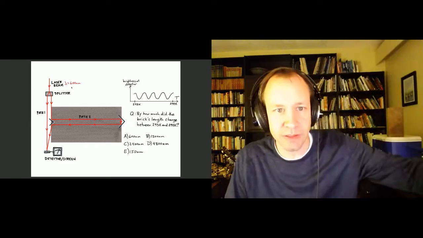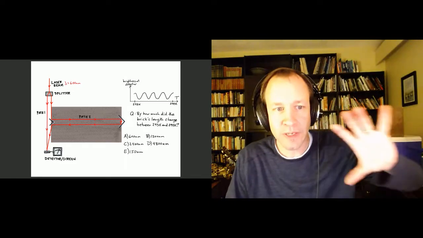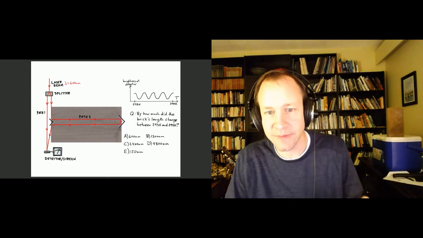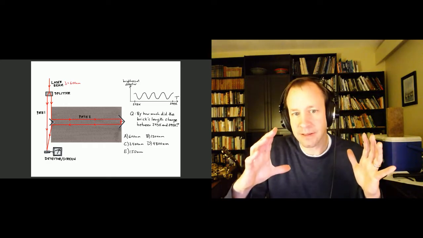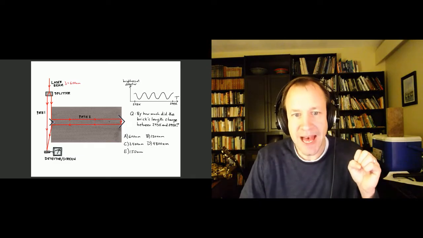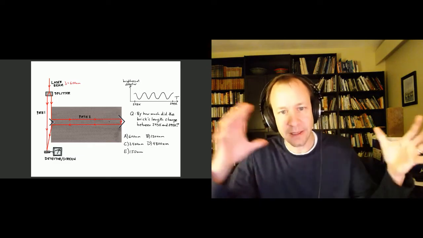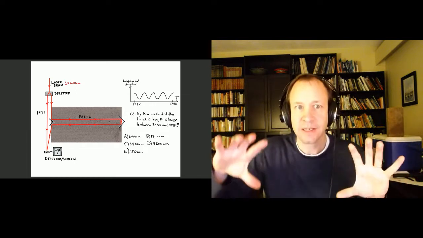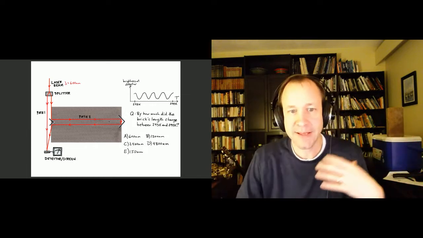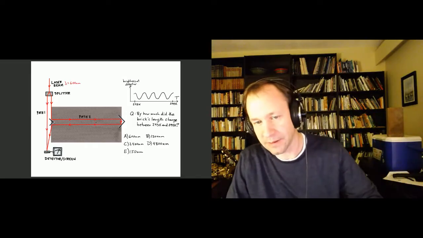It's some huge multiple, but we don't really care. What we care about is that it's just constructive interference. And then as the brick gets a little bit longer, you see that path number 2 gets longer as well. So if the brick got 100 nanometers longer, path 2 would get 200 nanometers longer.